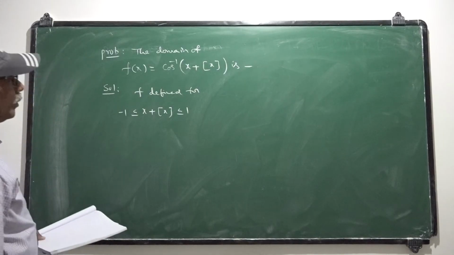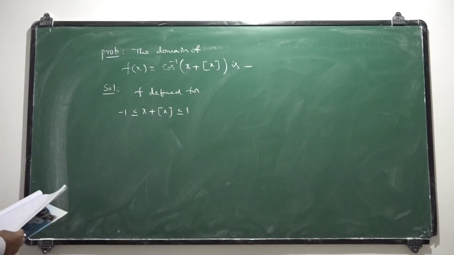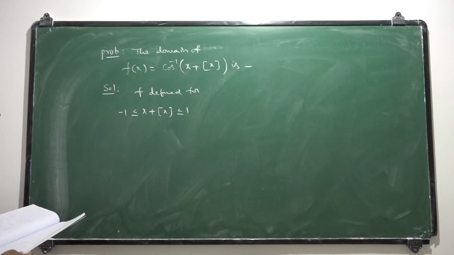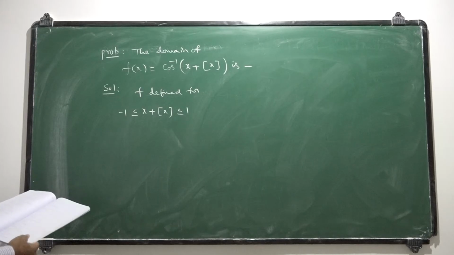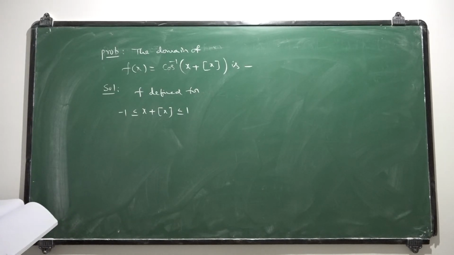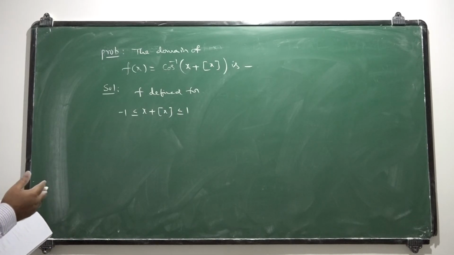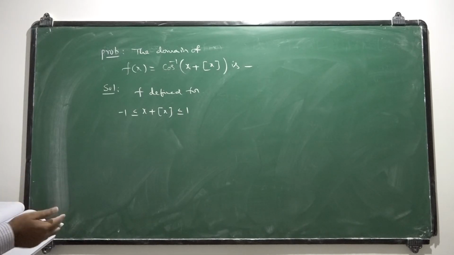Step x is clearly an integer. So x lies between minus step x minus 1 and minus 1 minus step x.